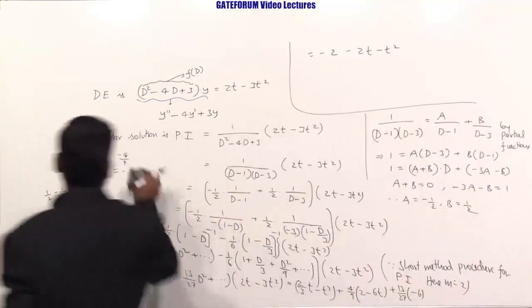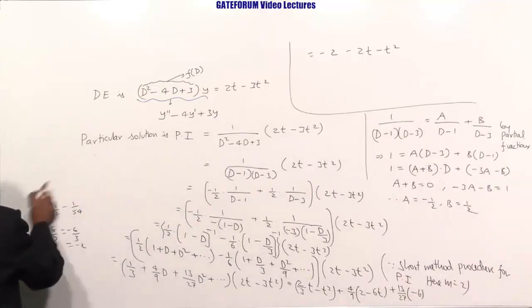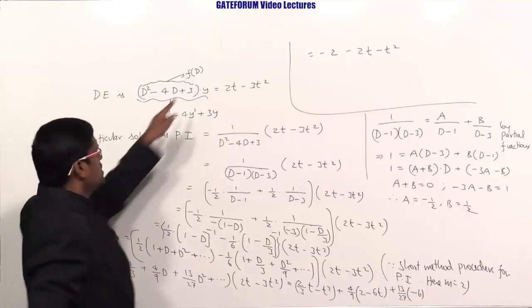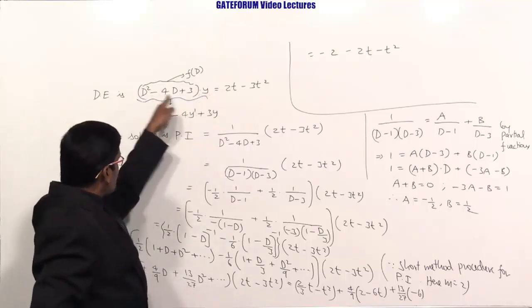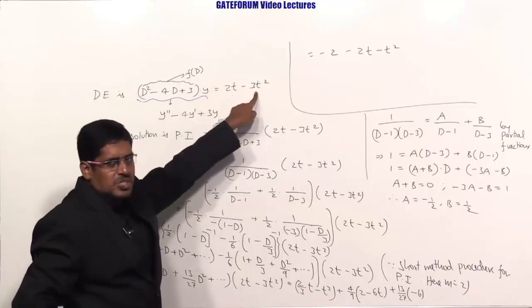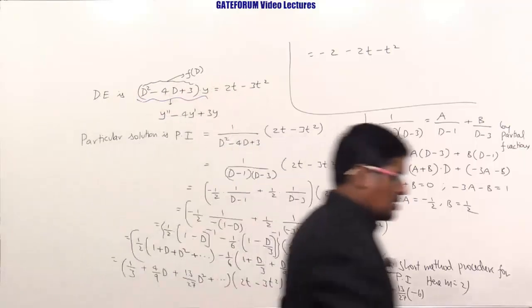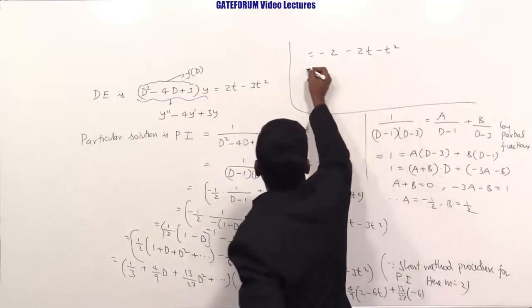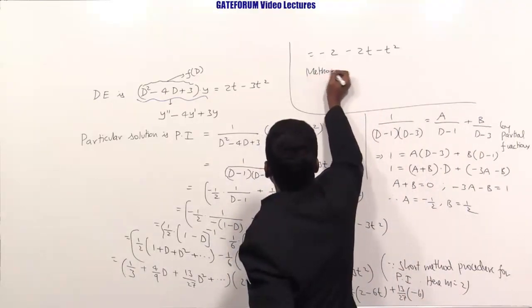If you find it difficult, then the options are already provided: substitute each option in place of y, operate these three terms on y, and whichever gives the answer 2t minus 3t square, that option is the answer. That is the alternative method. So this is the required particular solution. So what is method 2?